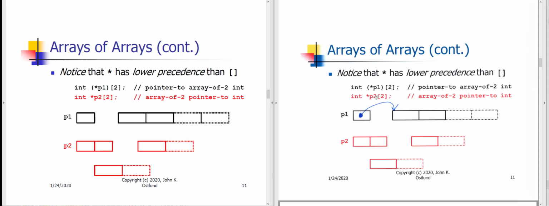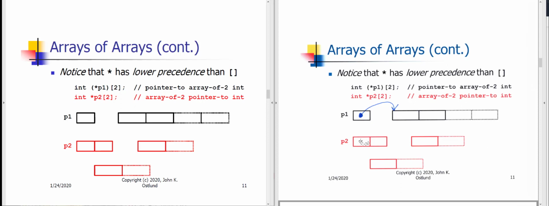If I leave the parentheses out, then the subscripting notation takes precedence over the pointer notation. So without the parentheses, this says that P2 is an array of 2 things, and each of those things is a pointer to an integer. So here is how P2 looks. P2 is an array of 2 things. Each of those things is a pointer to an int, and that array is not initialized either.